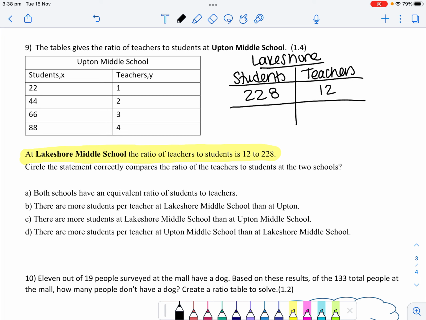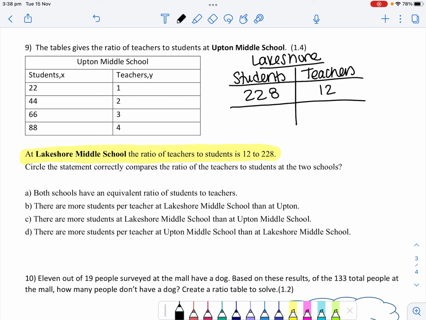And now I'm going to look at what this question's actually asking me to do. So it says, circle the statement that correctly compares the ratio of the teachers to students at the 2 schools. A says both schools have an equivalent ratio of students to teachers. Well, I don't know that yet because the table on the left doesn't go to 228 or 12, and the table on the right doesn't have any of those other values in it.